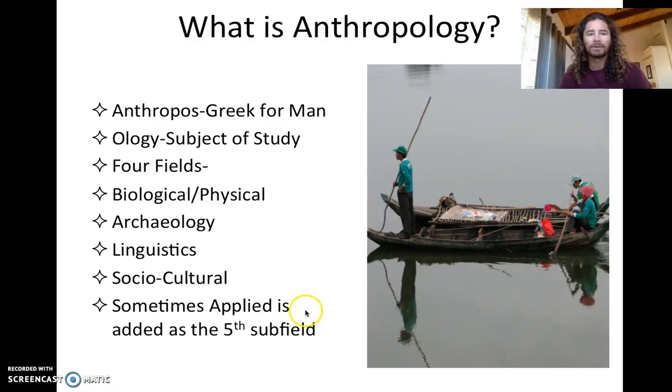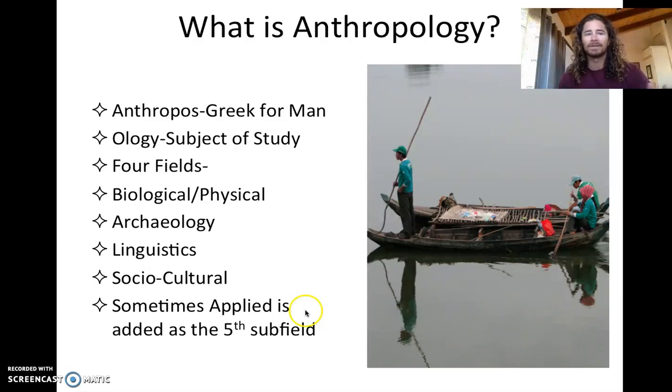Now, the 5th subfield a lot of times is referred to as applied, and they lump a lot of things into applied. So applied anthropology can be everything from somebody who's doing policy analysis on fixing things, but it could also be an individual who's using anthropology in maybe a corporate setting, doing corporate culture. That would be an applied anthropologist.